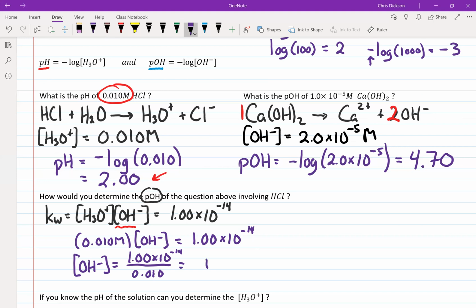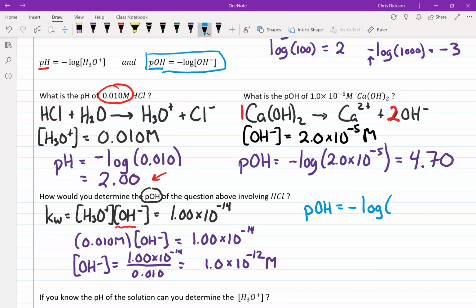We should get 1.0 times 10 to the minus 12 molar. Okay, and then if we wanted to use the formula now, we'd have to use this formula up here for finding pOH. And so we know the pOH of the solution would equal the negative log of 1.0 times 10 to the minus 12.